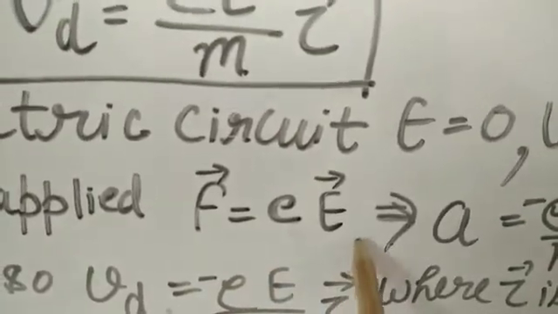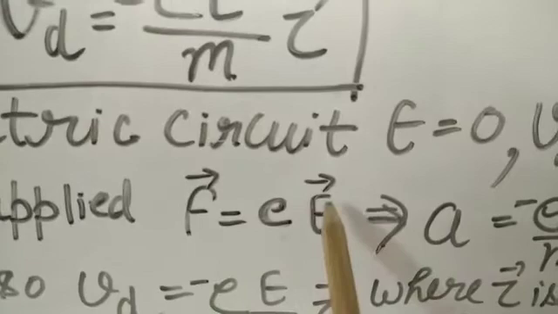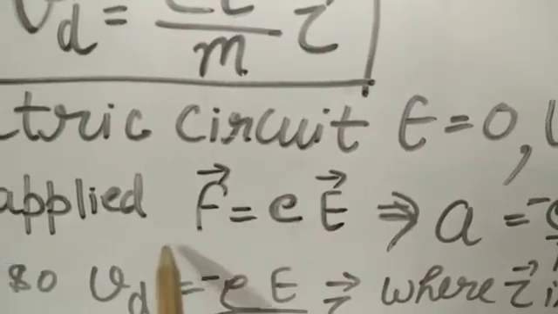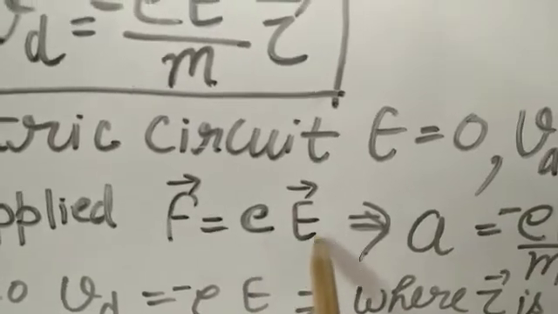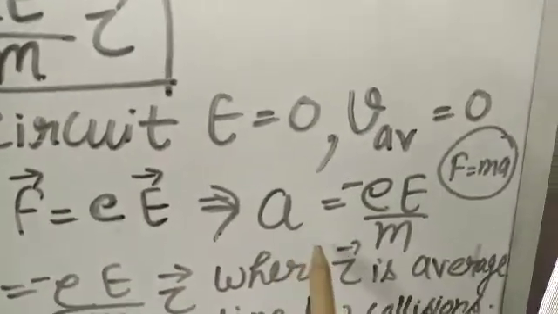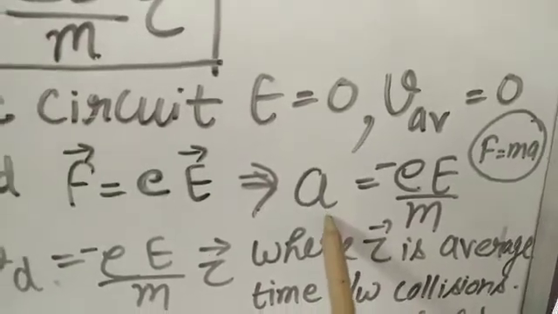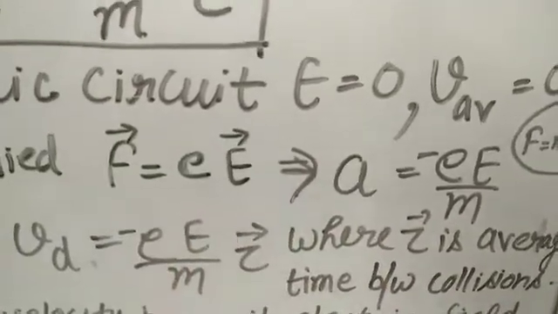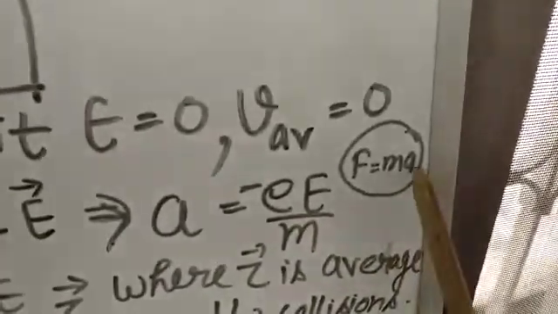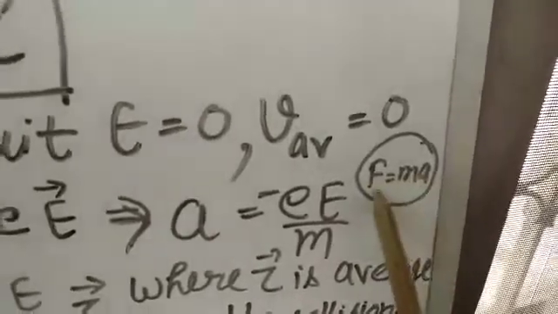But when an electric field E is applied, suppose a battery or cell is applied, electrons will move in a particular direction because there is some force, and that force is equal to eE. We know from the first chapter that electric field intensity is equal to F upon q, so F is equal to eE. Now, how can we derive the acceleration? We know F is equal to ma, so a becomes F upon m.